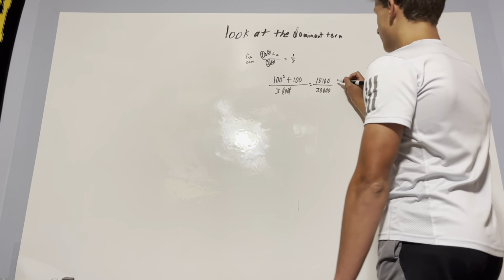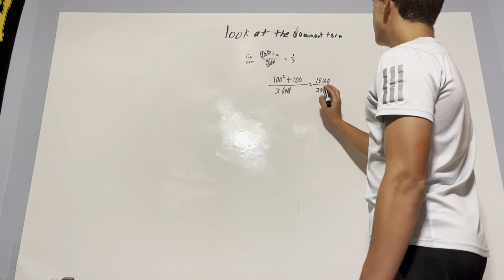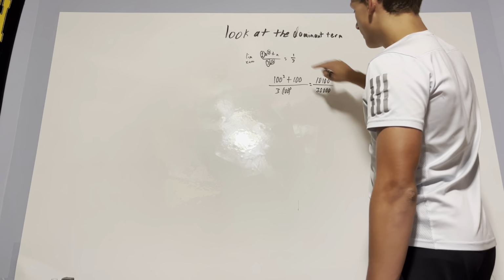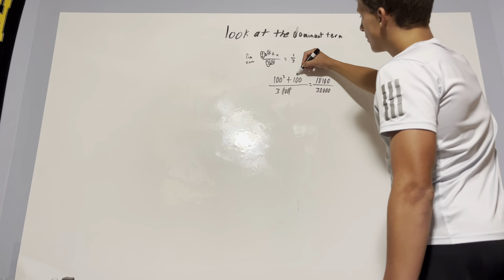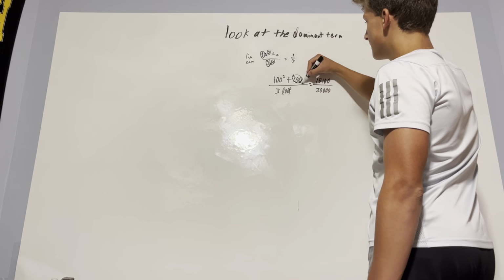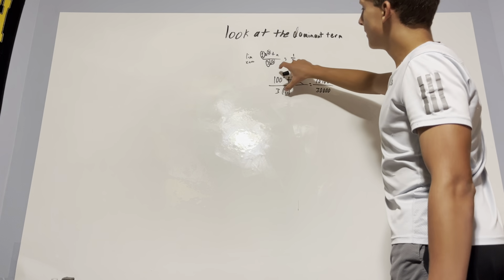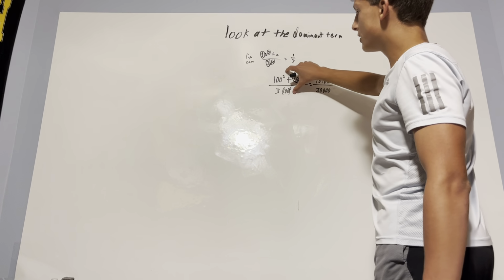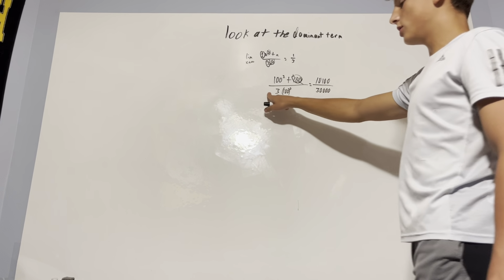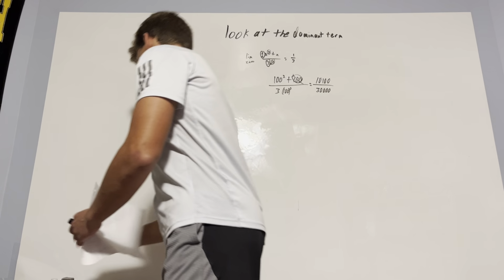And this is pretty close to 1/3 right now, but as we increase x and make it greater and greater and greater, this term is going to become increasingly less important, and it's just going to focus on these terms, the highest power. That's why it's going to be a ratio of those highest power terms.